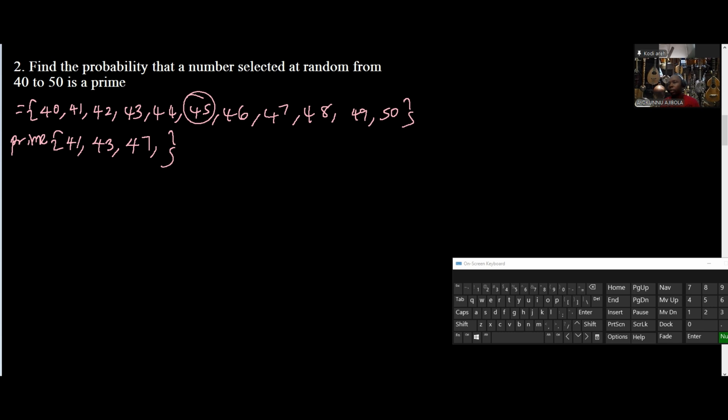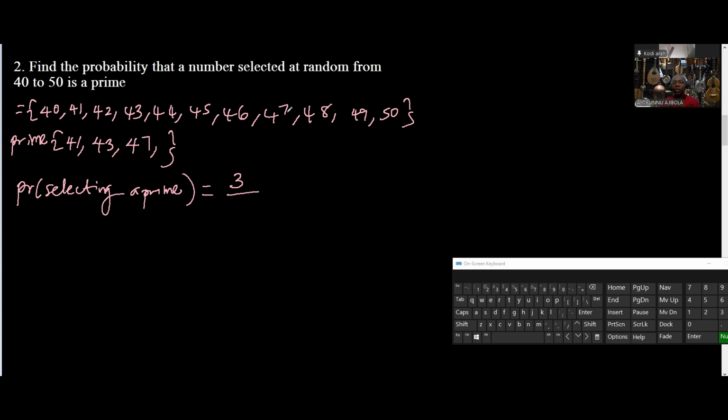45 is an odd number, but 9 and 5 and 15 can divide it. So how many prime numbers are there? 3. So the probability of selecting a prime number will be the number of primes, which is 3, over the total entries.